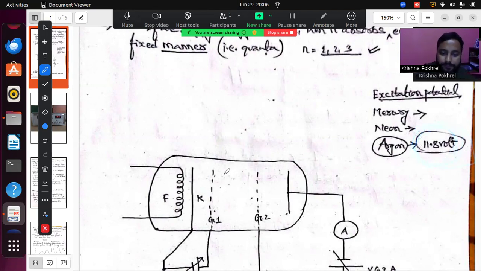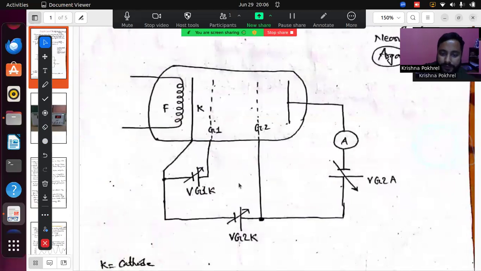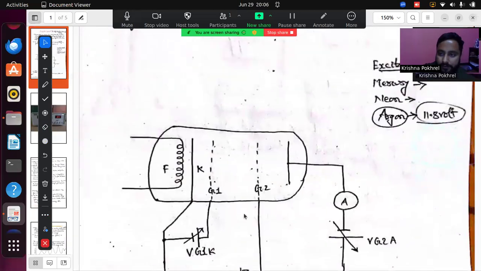Now what happens is, whenever you give the value of VG2K, slowly the current starts increasing in this emitter, and as the value of VG2K becomes near or around 11.8 volt, the current starts to decrease.